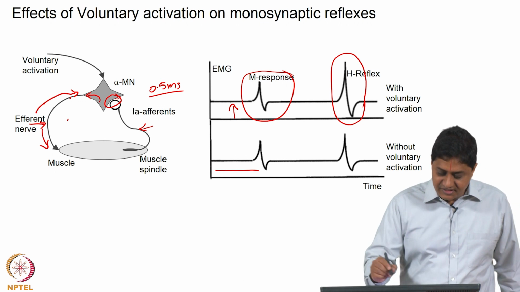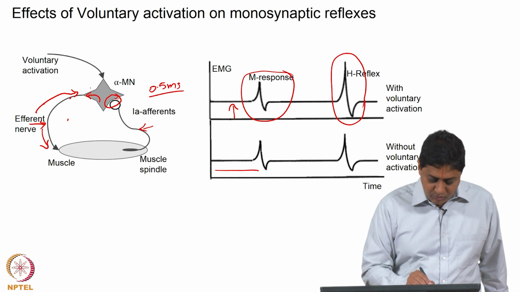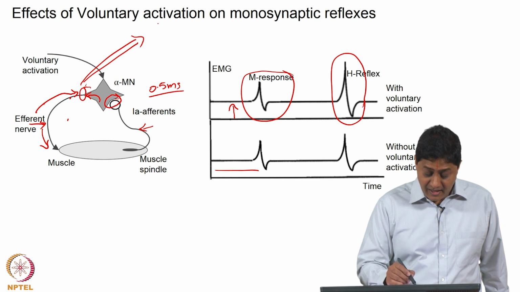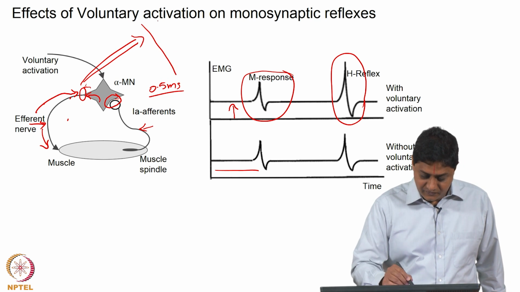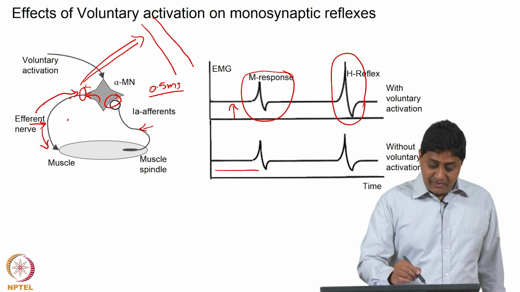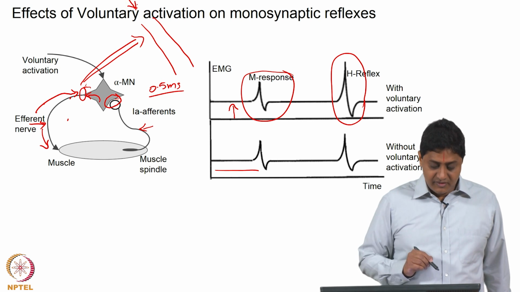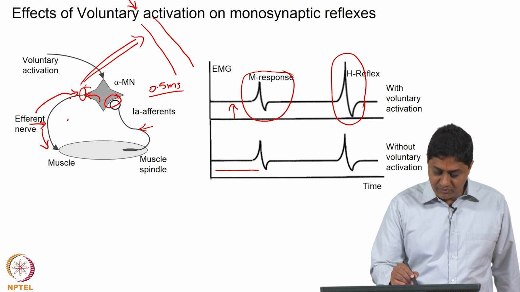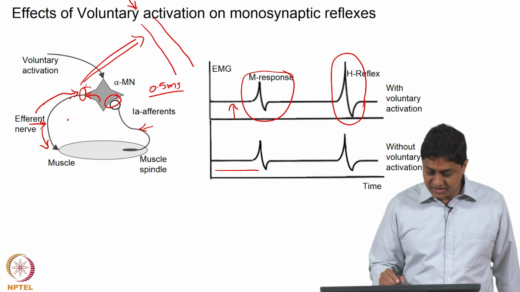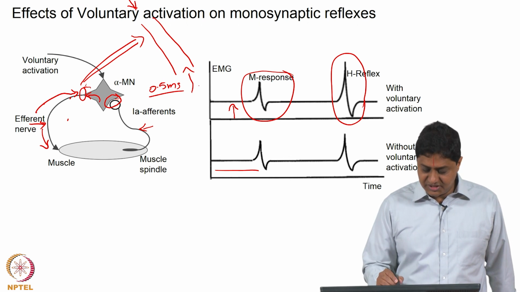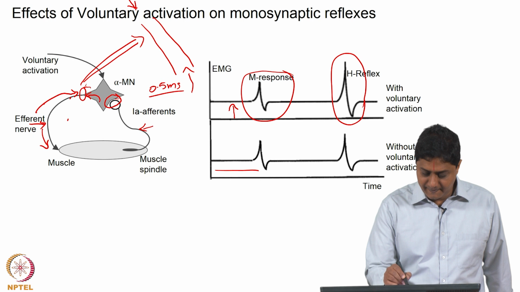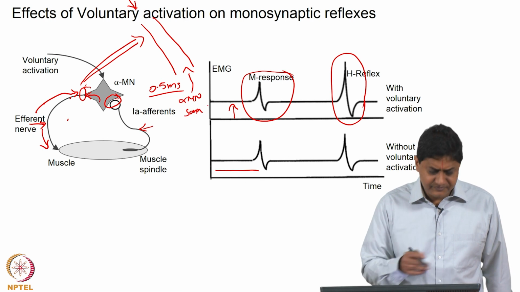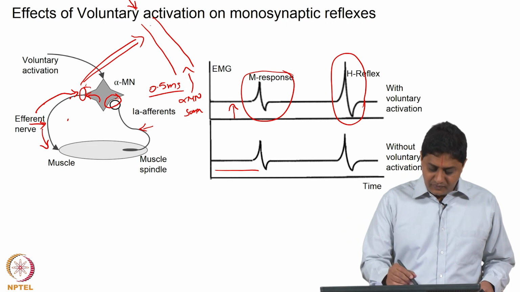Let me zoom out that zone for you to see. That is the membrane there. In this membrane, one action potential is travelling on the alpha motor neuronal axon, and another action potential is travelling on the alpha motor neuronal soma, for example in two different directions.